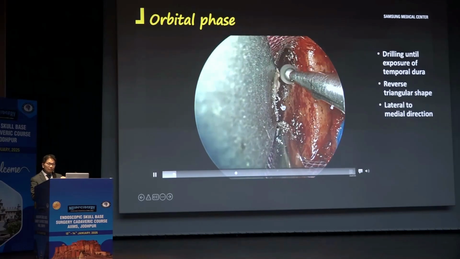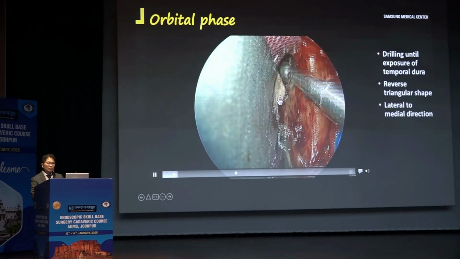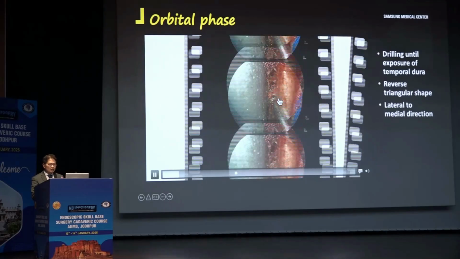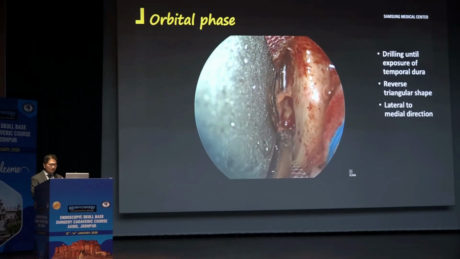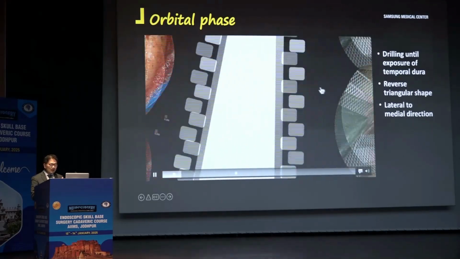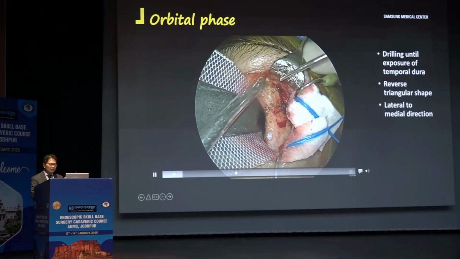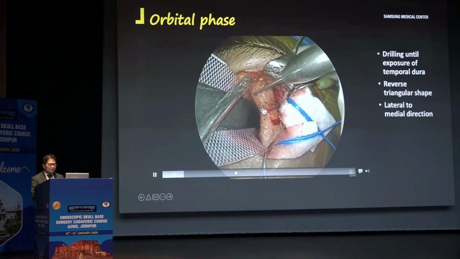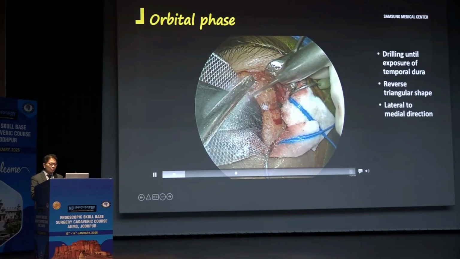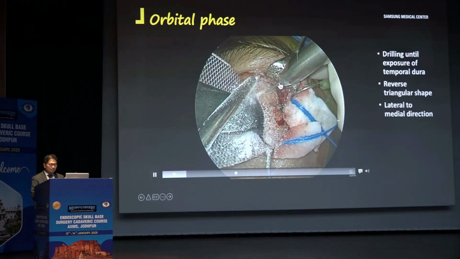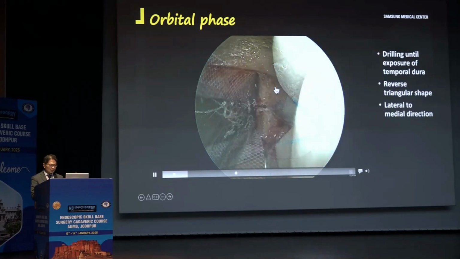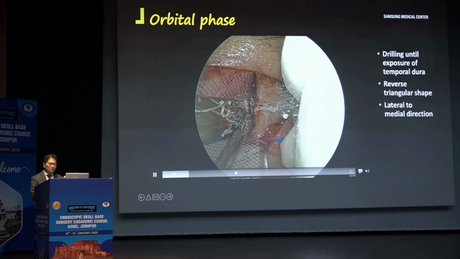Sometimes we need to use a malleable retractor to retract the orbit, but just to protect the orbit. First, we have to drill out the zygomatic bone, the lateral part, and then based on the frontozygomatic suture, we have to cut the lateral orbital rim. This is the craniotomy saw.